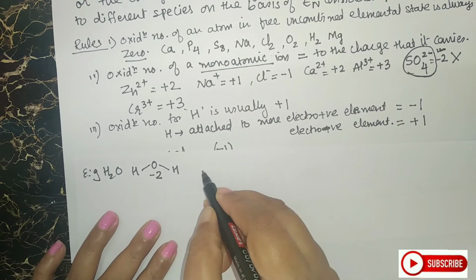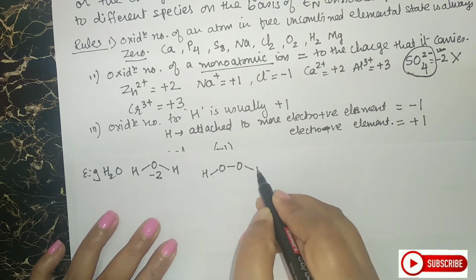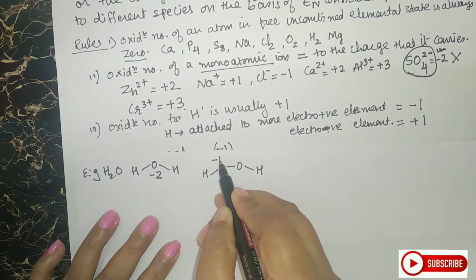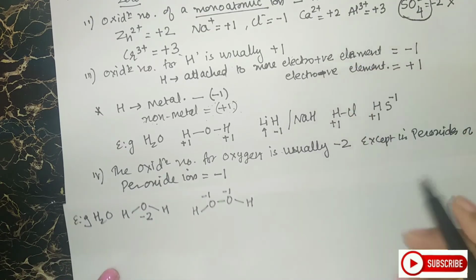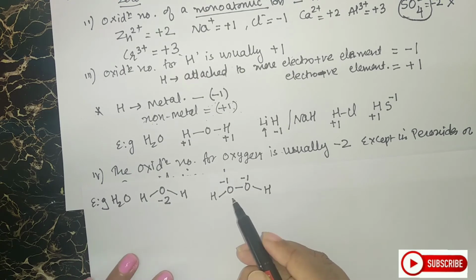Now let us take a peroxide example, that is H2O2, and see what will be the oxidation number here. So here this is a peroxide, so here oxygen will exhibit -1 oxidation state. This is what the rule says, that oxygen is usually considered as -2 oxidation state, except in peroxides. So in peroxides it will have -1.